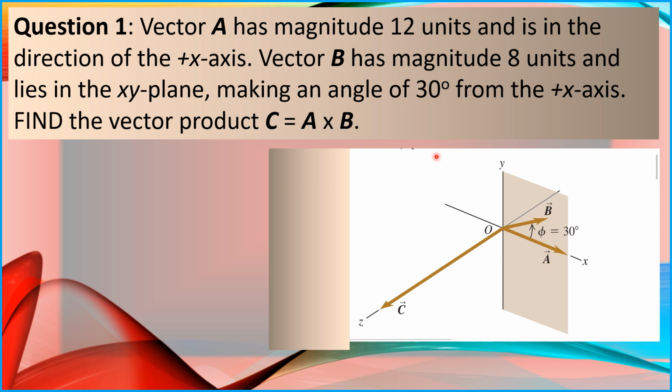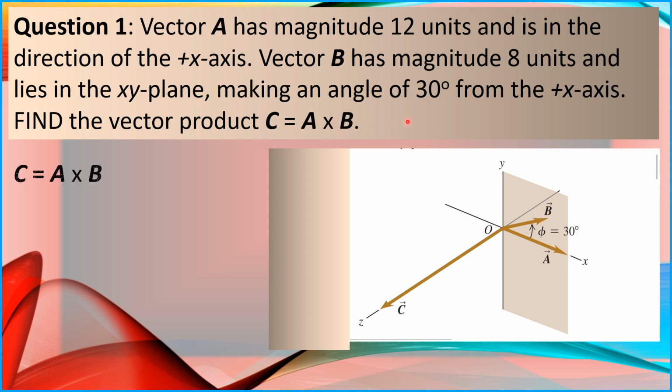So the question, find the vector product represented by vector C. The vector product of vectors A and B, or A cross B. The product of A and B can also be read as the cross product A and B.